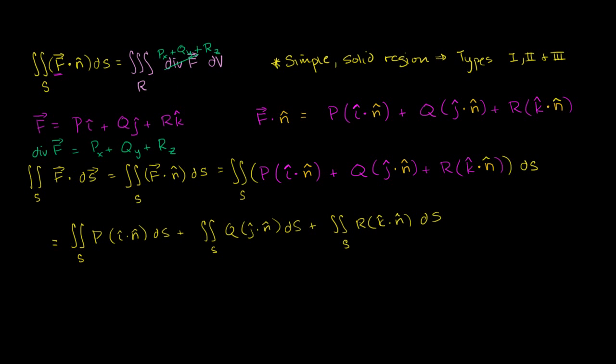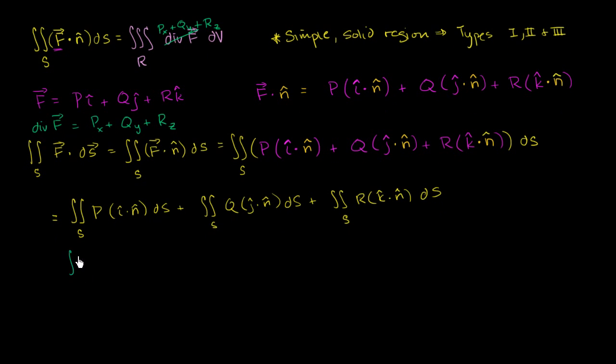So this can be rewritten as the triple integral over our three-dimensional region, equal to the triple integral of the partial of P with respect to x dV, plus the triple integral of the partial of Q with respect to y dV, plus the triple integral of the partial of R with respect to z dV.